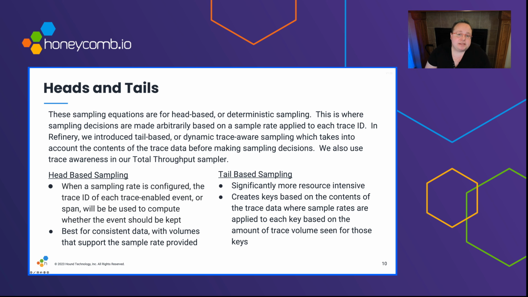In Refinery, we do tail-based sampling or trace-aware sampling, where we're able to actually look at the data of the span attribute values in your trace and make decisions in our sampling based on those values.